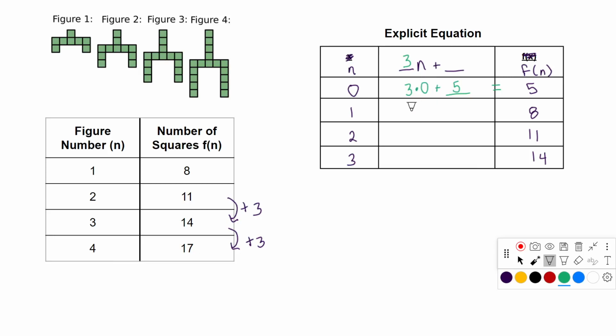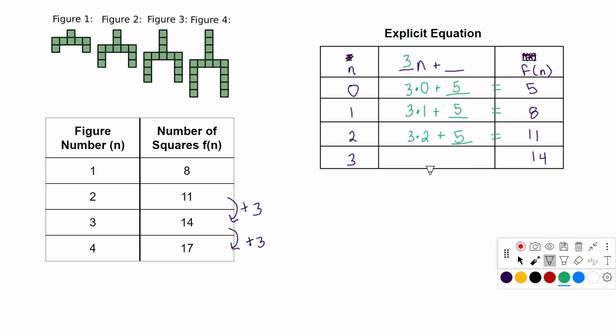If I do 3 times 1, I'm replacing the n value with my input values. That's 3. What do I have to add to it to equal 8? I'm adding 5 again. If I do 3 times 2 is 6, and I need it to equal 11, I need to add 5 to my 6.